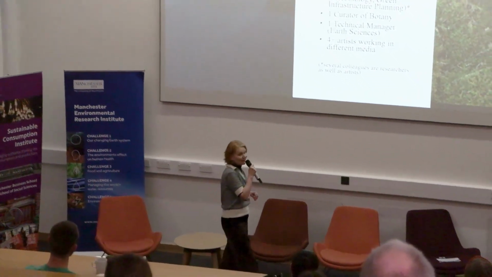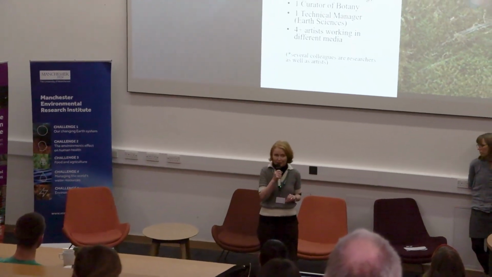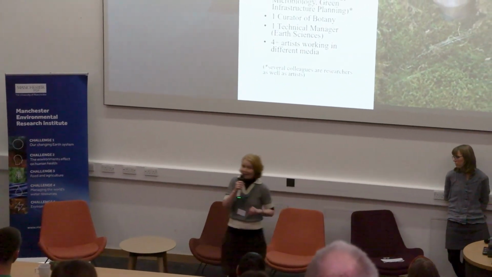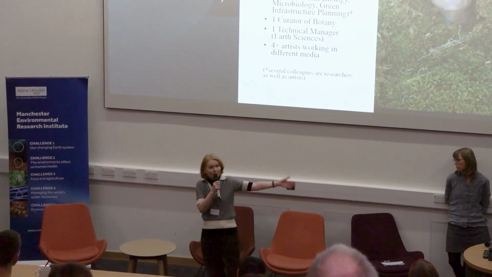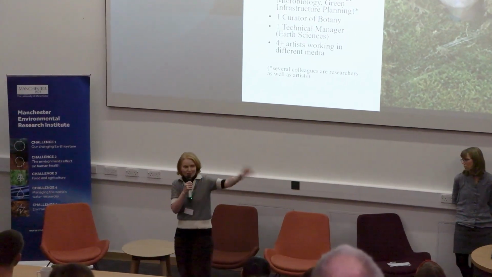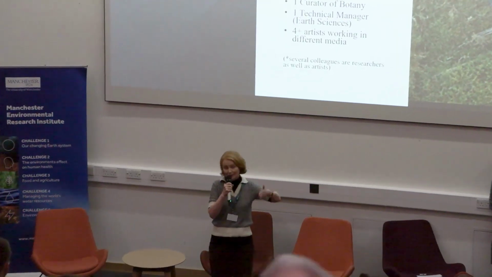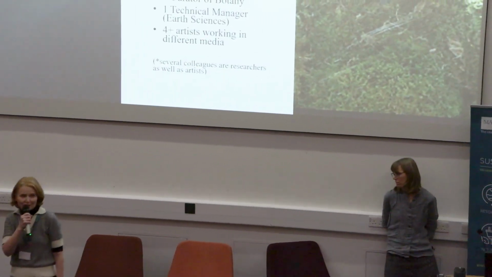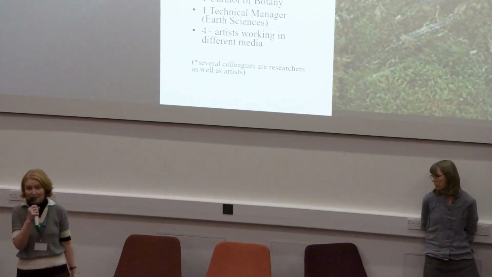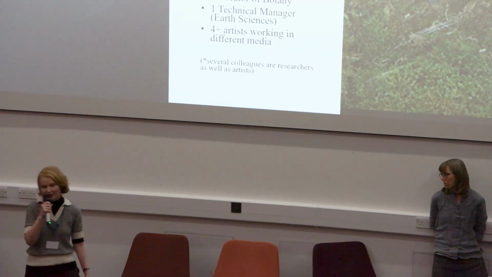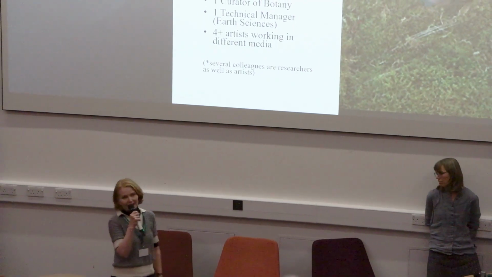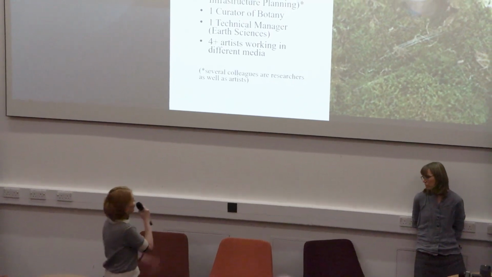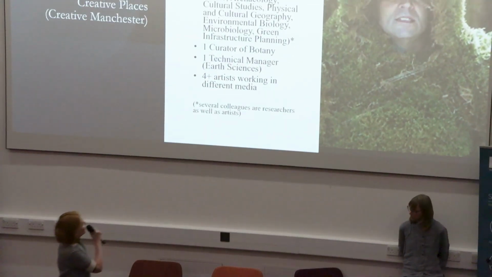Mosses also allow us to connect urban biodiversity questions and the rural areas around Greater Manchester, because of course mosses are landscapes as well as plants, and that's why we have the word moss in so many districts of Manchester, like Moss Side, because they used to be certain kinds of landscapes, but are no longer. So we're looking at all of those areas, and Ingrid will say a bit more about that in a moment.